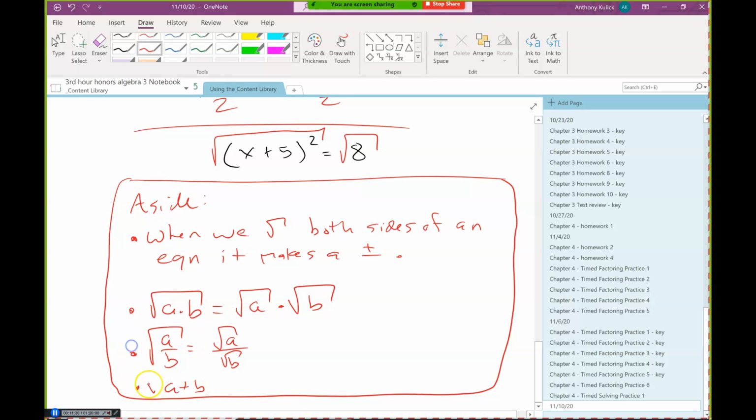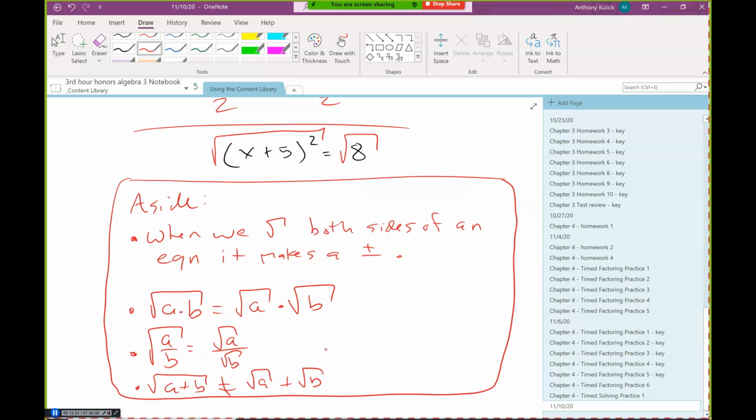So the square root of a sum or a difference is not the sum or difference of the square roots, except in very trivial circumstances where one of the a's or b's is 0 or something like that. Everybody okay with that information?